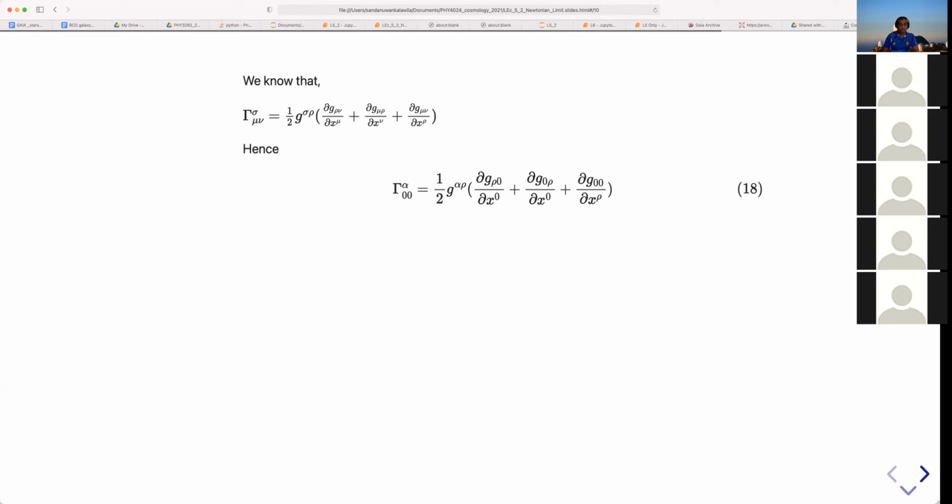Out of these three terms, let's say the first one is the first term, the second one is the second term, and the third one is the third term. Which term will remain out of those three in the equation? So two of them will be equal to 0, right? In a static gravitational field.